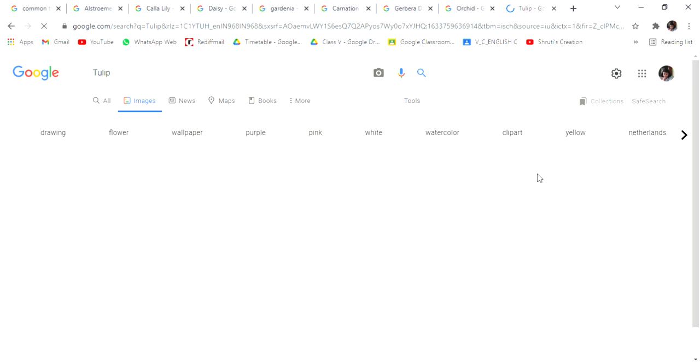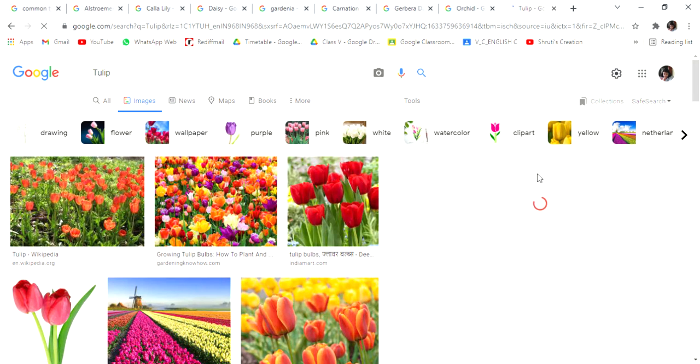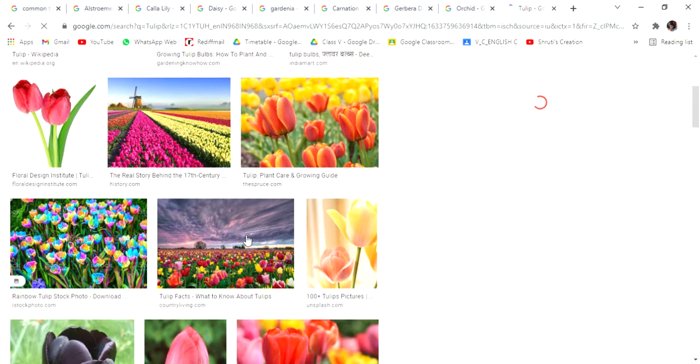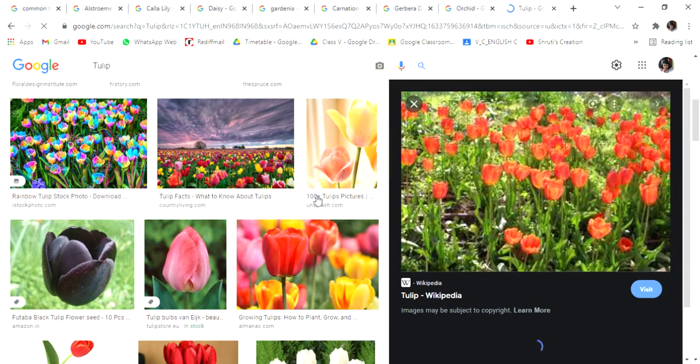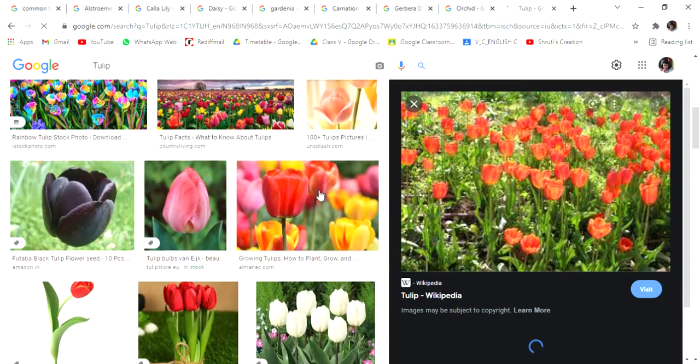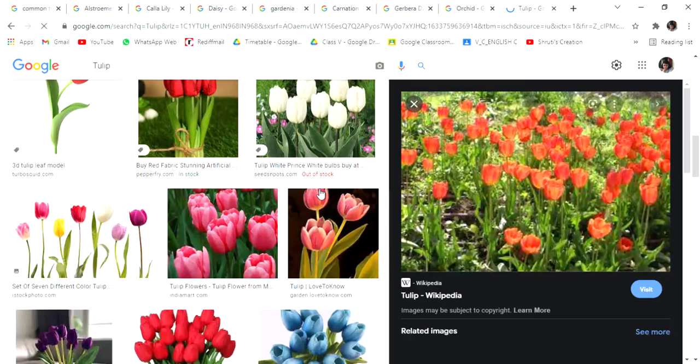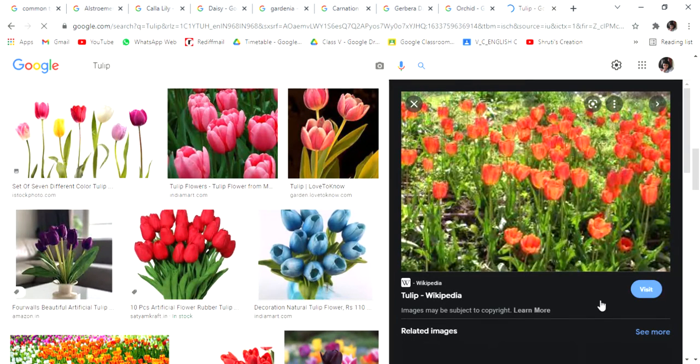Tulip has many colors: white, yellow, pink, red, orange, purple, blue, mixed color, rainbow color, black color. Many colors of tulip, you know. And rainbow tulip is the most beautiful of all. I will be showing you rainbow tulip.